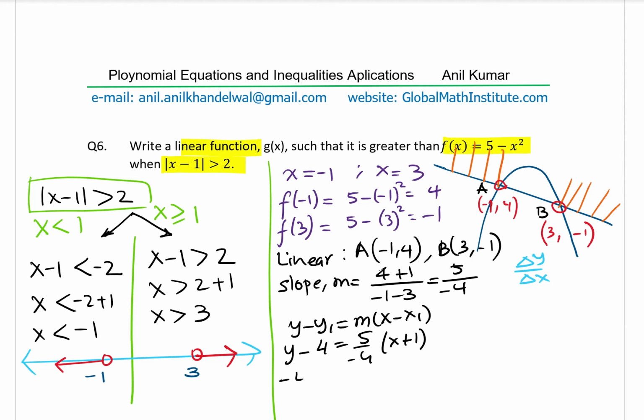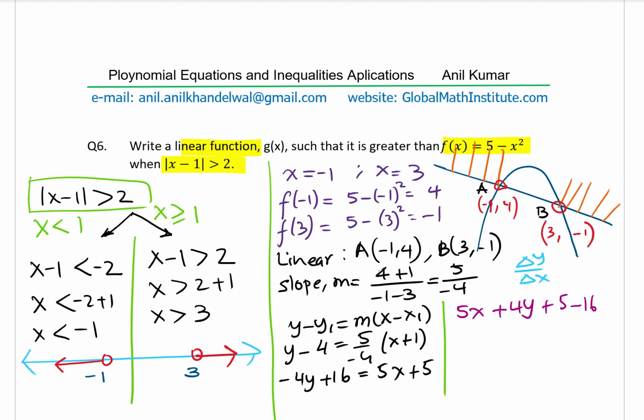So we get minus 4y plus 16 equals to 5x plus 5. And now we can bring them together to write down the equation of the line. So we get here 5x, minus 4y becomes plus 4y. We have plus 5 and plus becomes minus 16 when you bring it there.